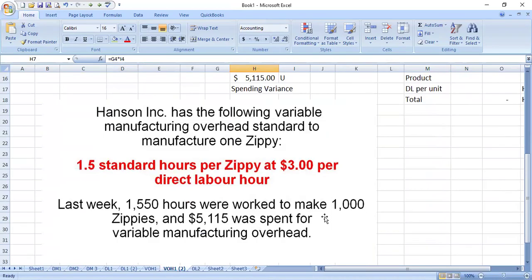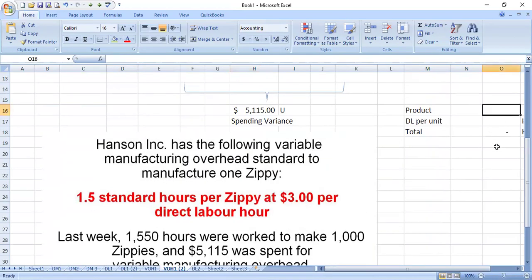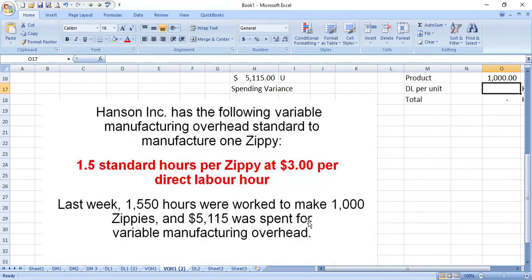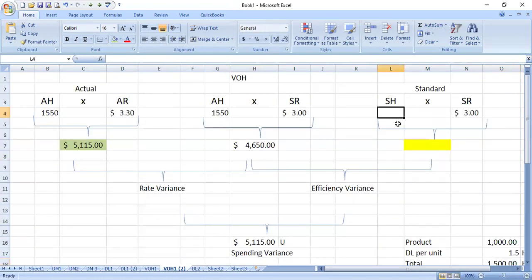The other thing that we can see is the number of products that we produced, 1,000 products, and based on our standards, we're supposed to charge overhead based on direct labor per unit, using 1.5 hours per unit. That's going to give us 1,500 total hours. And that's going to give us our last number.